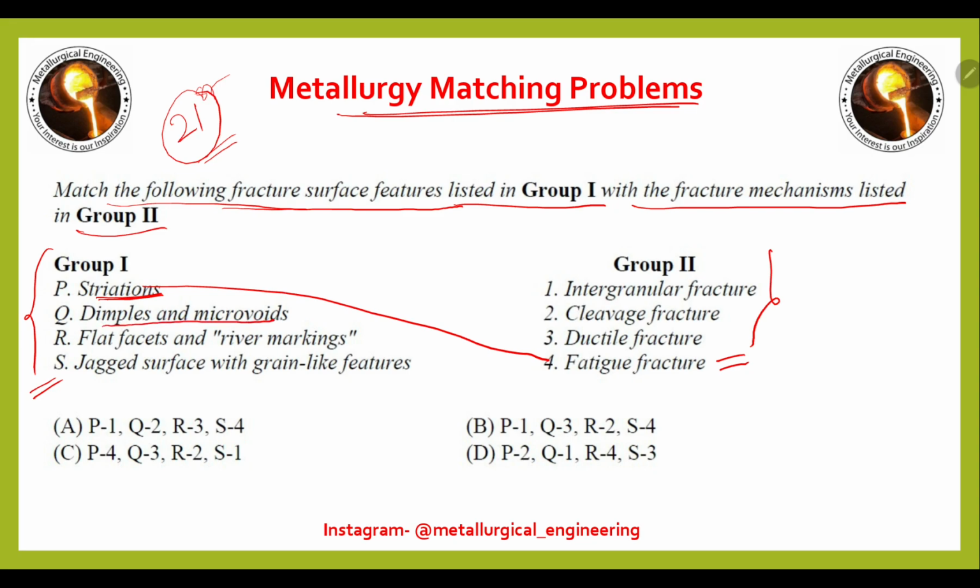Dimples and microvoids are generally found in ductile fracture. Flat facets and river markings are found in cleavage fracture, and jagged surface with grain-like features is generally found in intergranular fracture. So the right answer is P4 Q3 R2 S1. So C part will be the right answer.